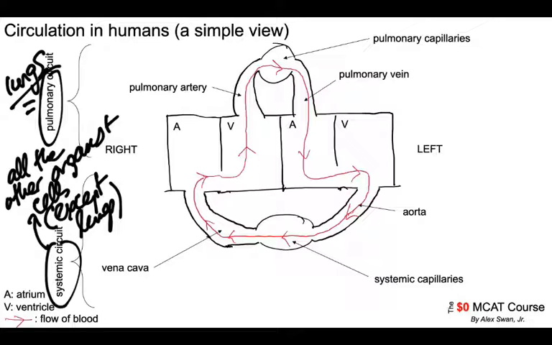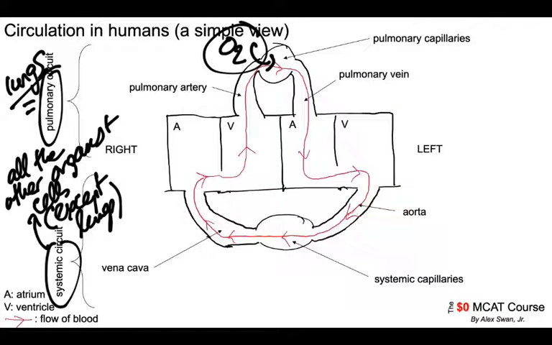So blood takes two circuits, right? It goes around twice. First through the pulmonary circuit, then through the systemic circuit. And why does this need to happen? Well, the pulmonary circuit, remember the pulmonary capillaries describe the lungs. So when blood goes to the pulmonary capillaries, what's going to happen is it's going to take up oxygen, right?